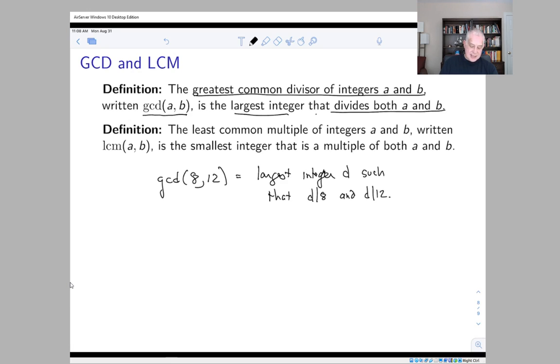Well, we can write down the divisors of 8: 1, 2, 4, and 8. And 1, 2, 3, 4, 6, and 12 are the divisors of 12. So the largest number which is a divisor of both is 4.